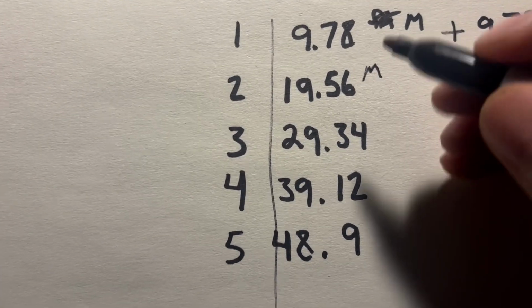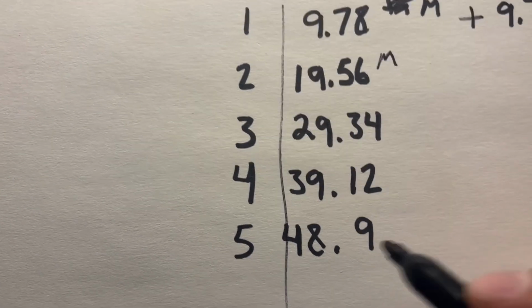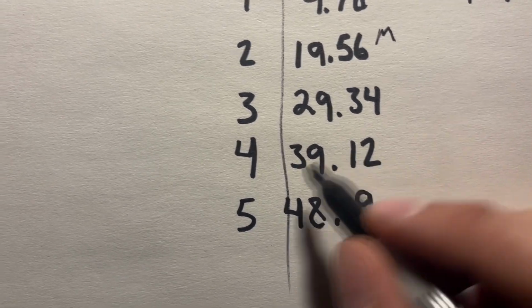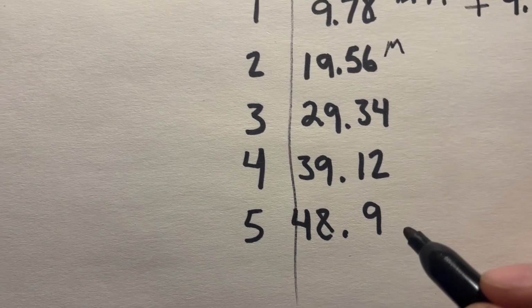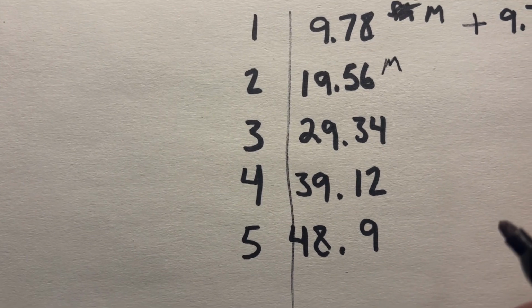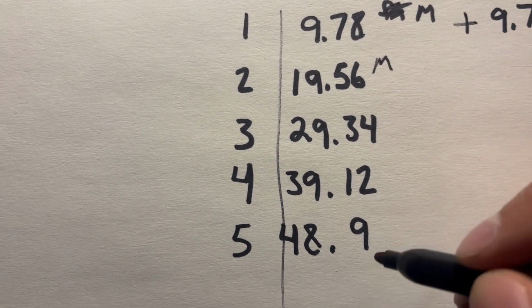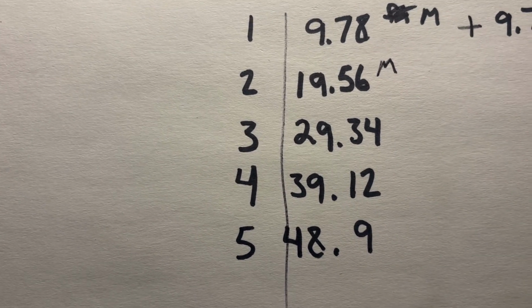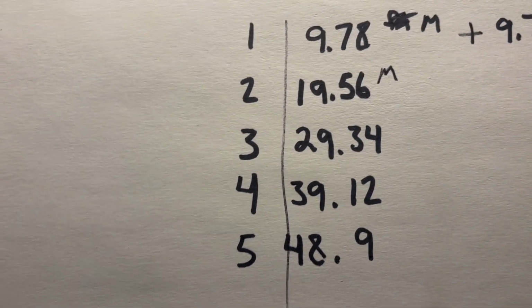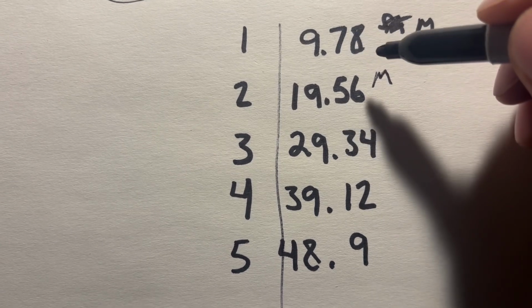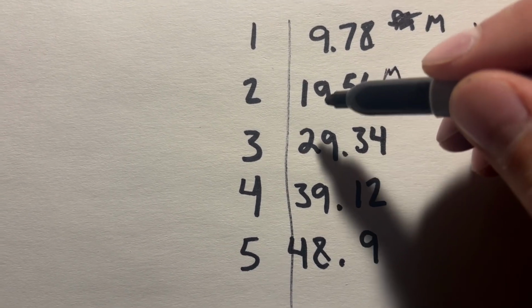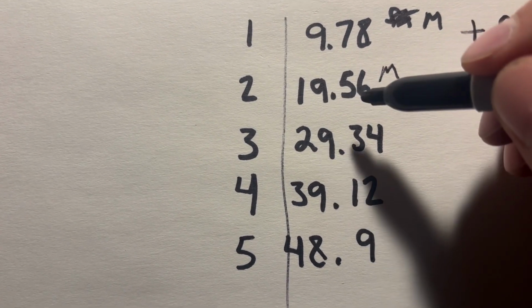If an object fell for 5 seconds, it would not be 48 meters. That was the velocity, not the distance that you fell. It'd be adding all these until you reach the 5th second, because it accumulated over time. The first second you fell 9.78. The second you fell an additional 19.56.